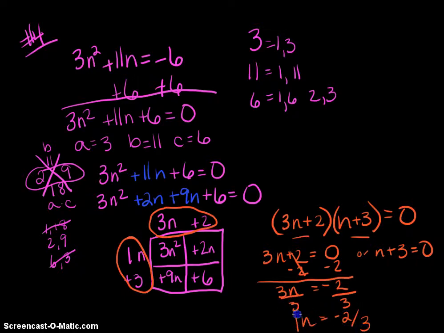And here's one answer right here. And then we're going to subtract 3 on this side, and we get n is equal to negative 3. So we have found two answers because we need to make sure that we have two answers because the power is 2.